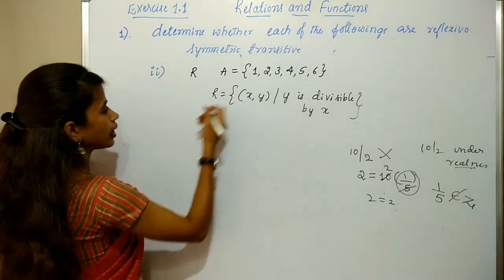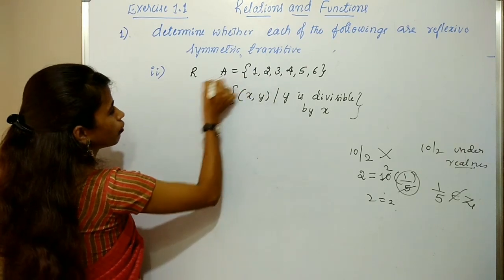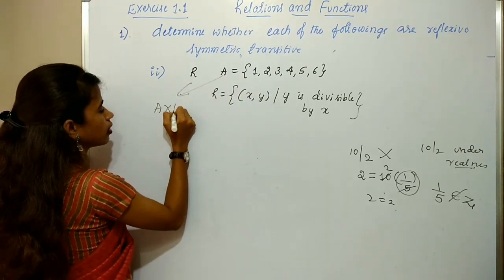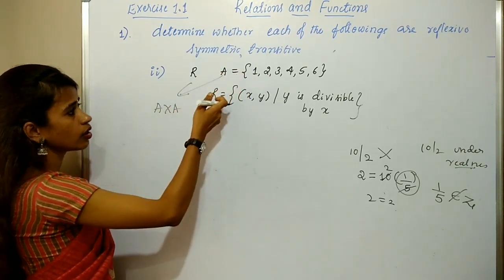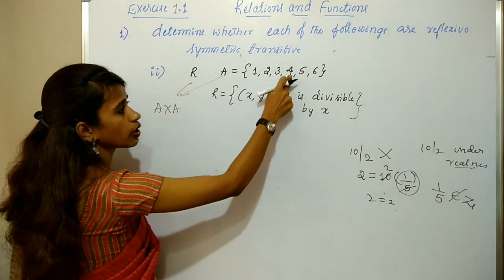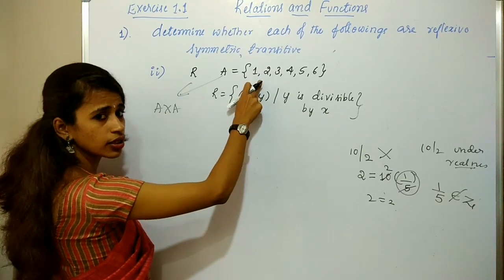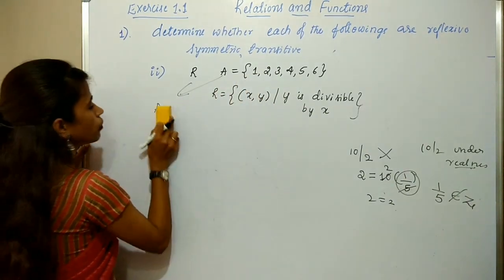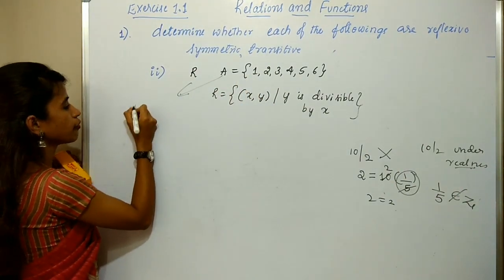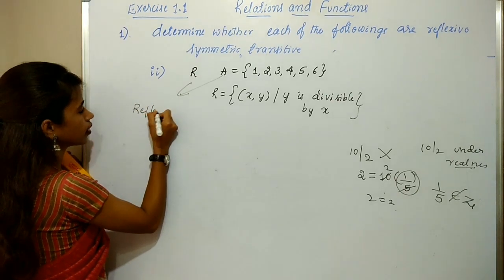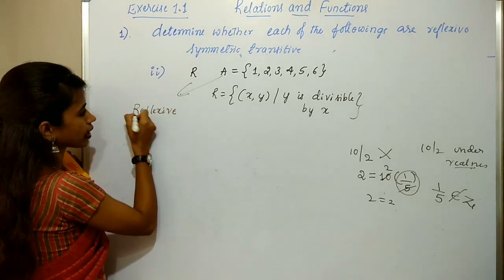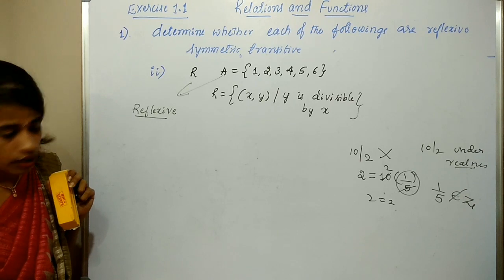Now for this we write the Cartesian product with A: 1 with 1, 1 with 2, 1 with 3, 1 with 4, 1 with 5, 1 with 6. Similarly 2 with 1, 2 with 2, 2 with 3. Okay. First let us check for reflexivity, whether it is reflexive or not.